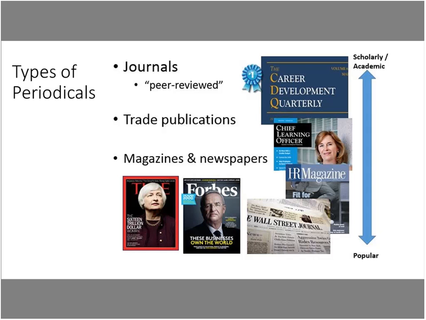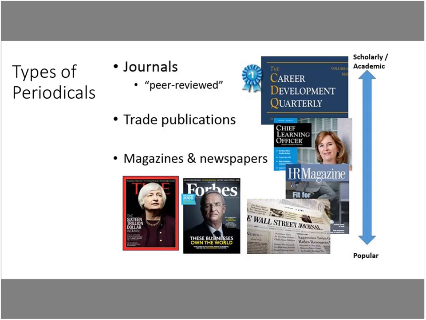So trade publications are often published within a particular management function, like human resources, or they might be published for a particular industry. Then on the other end of the spectrum are the popular periodicals, things like magazines like Time, business magazines like Forbes or Bloomberg Business Week, and newspapers like the Wall Street Journal, which is, as you know, a business newspaper.